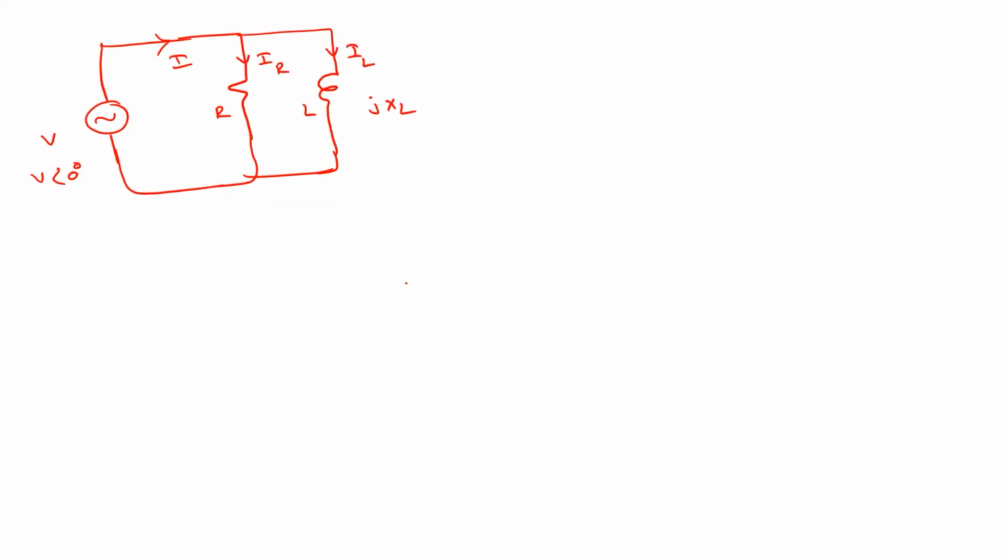One thing you can directly say is that the resistive current IR must be in phase with the supply voltage, and the inductor current IL must be lagging by 90 degrees with respect to the supply voltage. So IR is V by R and IL is V by XL.